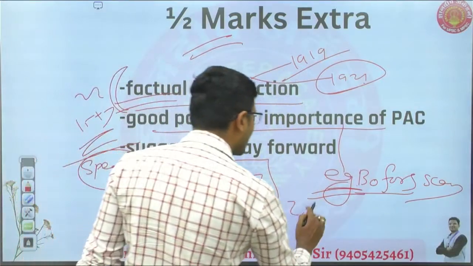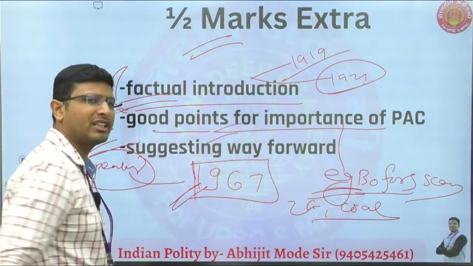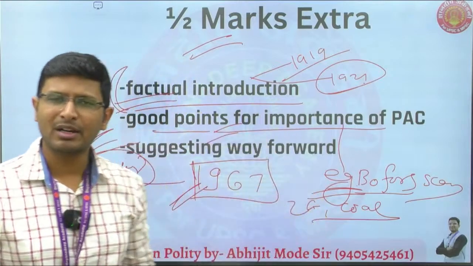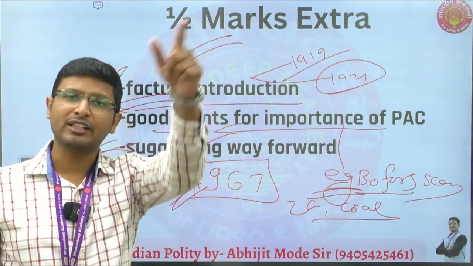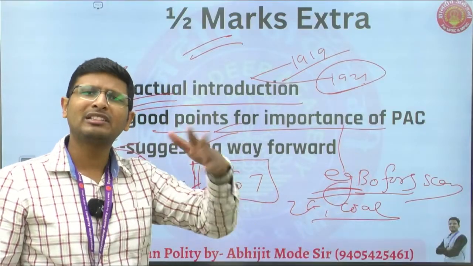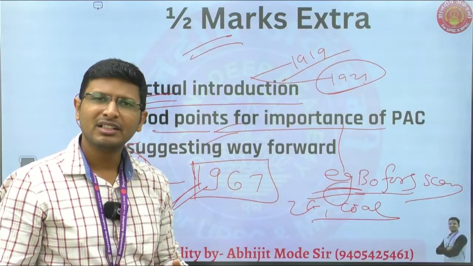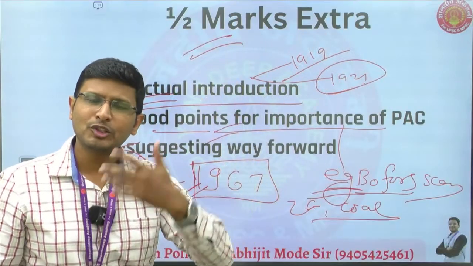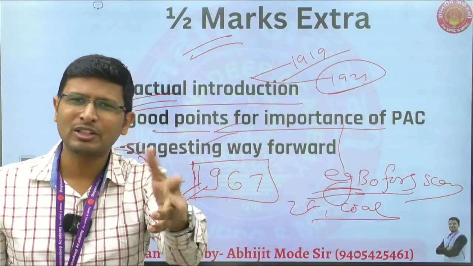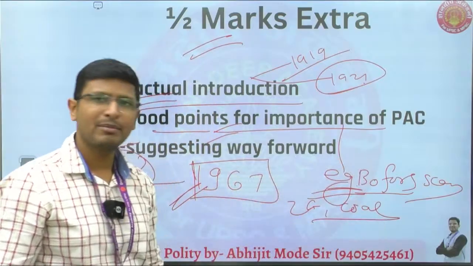The 2G scam, the coal scam, all these scams were studied by the public account committee. It gave its report, the report was discussed in Parliament, and that is how these scams got exposed. You have to mention these facts. अगर नहीं करोगे, बस लिख दोगे हाँ, ensure accountability, reducing wastages, keeping government responsive, exposing corruption, ऐसे पॉइंट्स लिखो तो मार्क नहीं आएंगे. फैक्ट्स लिखने पड़ेंगे, नाम लिखने पड़ेंगे.